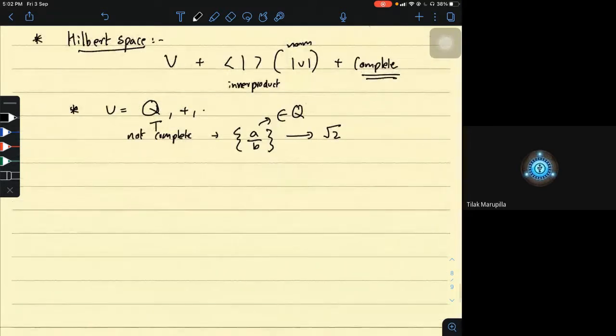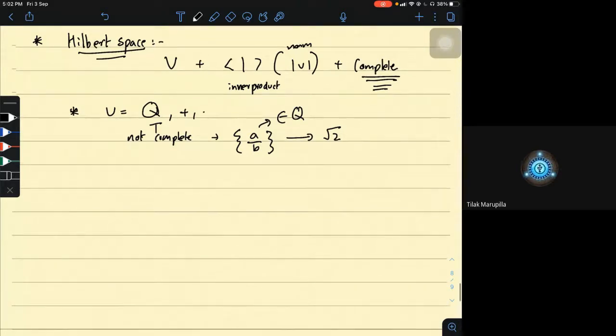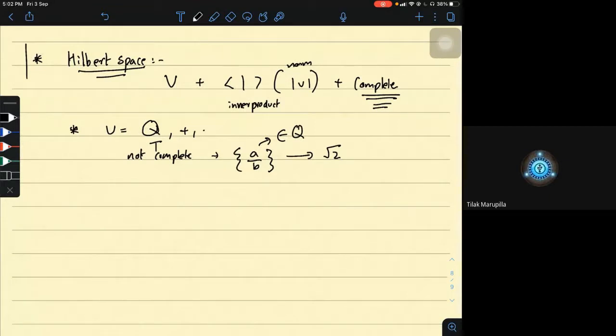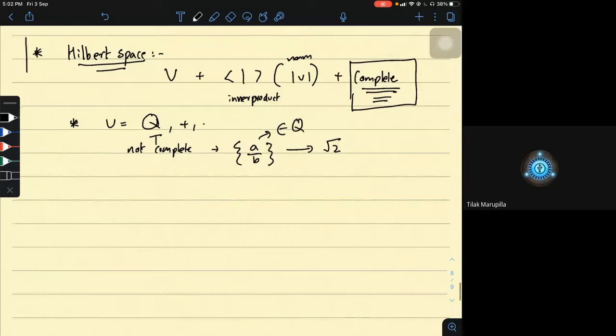You can always find such sequences, and they are called Cauchy sequences. A Hilbert space is complete, and completeness requires that all such Cauchy sequences, which are converging sequences, belong to the same vector space. This completeness comes very much in handy when we want to write elements of this vector space in terms of bases and so on. There are some intricacies there, which I'll not go into right now.